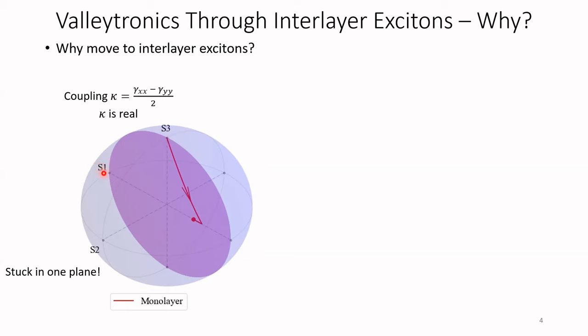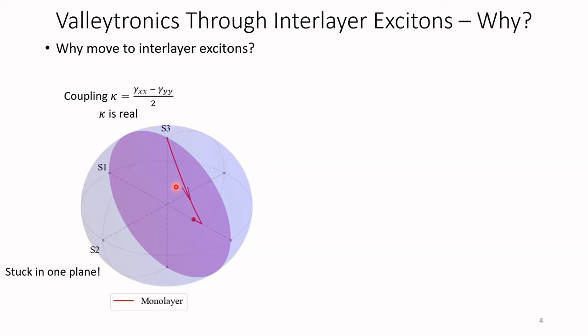S1 is the plus X state, or the linear superposition of 0 and 1, and S2 is the plus Y state, another linear superposition but with a different phase between plus K and minus K. The problem with monolayers is that no matter what sort of control you use with an anisotropic vacuum, no matter how much you change gamma XX or gamma YY, because these are decay rates, the coupling constant is always real.